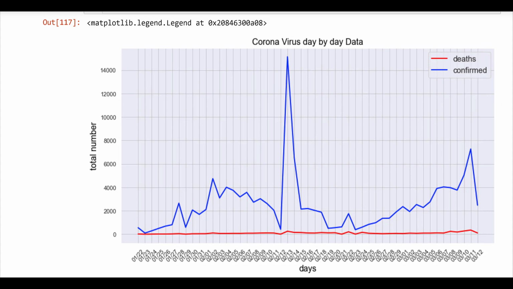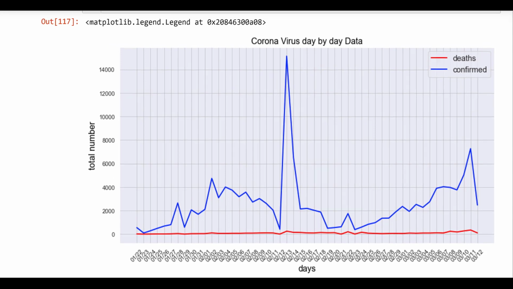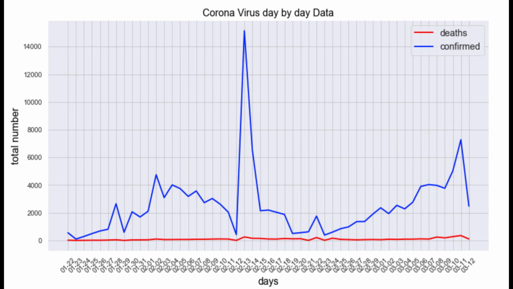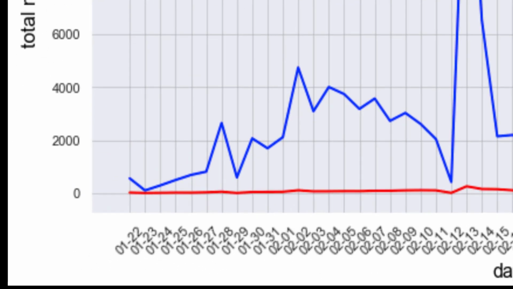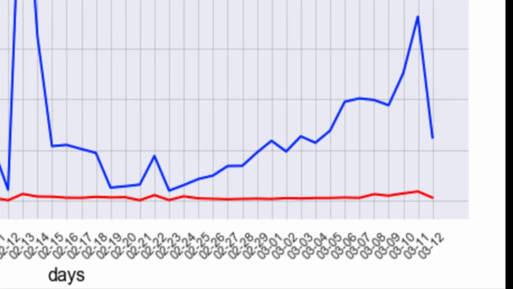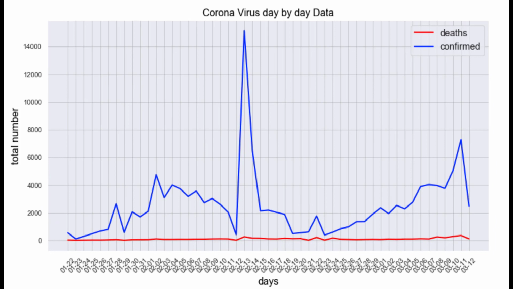Okay, Sanchayan, tell us about this data. What sort of information will this plot give us? So you see this graph, it shows data from the 22nd of January till the 12th of March. You see the number of cases fluctuates with time.